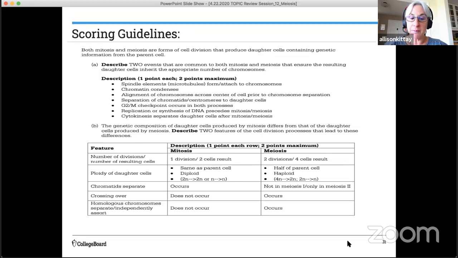Chromatids separate in mitosis, and they only separate in meiosis 2, because it's the homologous chromosomes that are separating in meiosis 1. Crossing over only occurs in meiosis, and homologous chromosomes assort independently in meiosis. Okay, so hopefully you got all 4 points on that one.